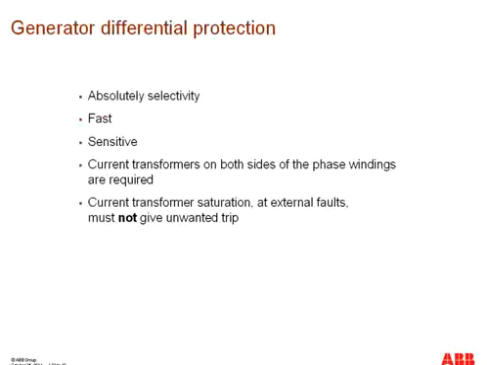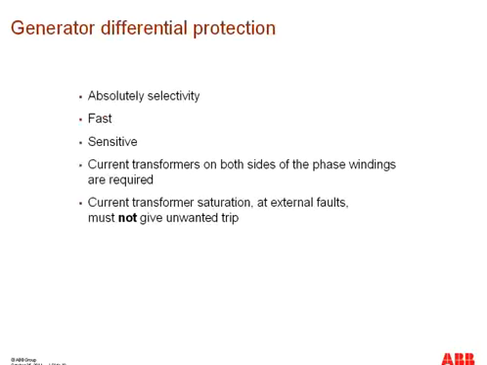So absolute selectivity can be achieved by the differential protection, and it is very fast as well. There is no intentional time delay for the differential protection, because we do not need to achieve any selectivity or coordination with the other power system protection elements. The generator differential protection will be able to detect fault currents much smaller than generator current at normal operation, giving a very good sensitivity as well.